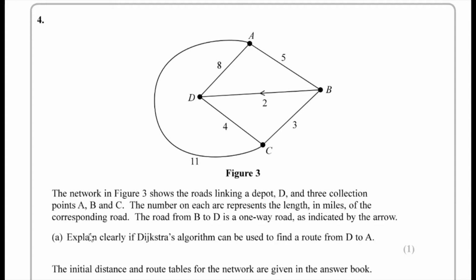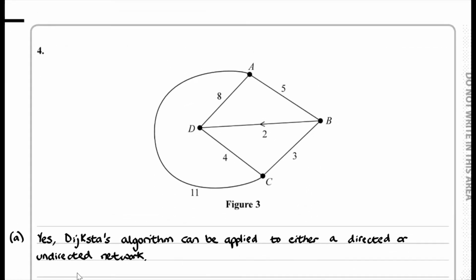Now, for part A, we have to explain clearly if Dijkstra's algorithm can be used to find a route from D to A. Well, if we go back over here, taking a look at our answer, of course, Dijkstra's algorithm can be applied to either a directed or undirected network. So in other words, it doesn't make a difference if this arrow is here or not. We can still apply Dijkstra's algorithm.